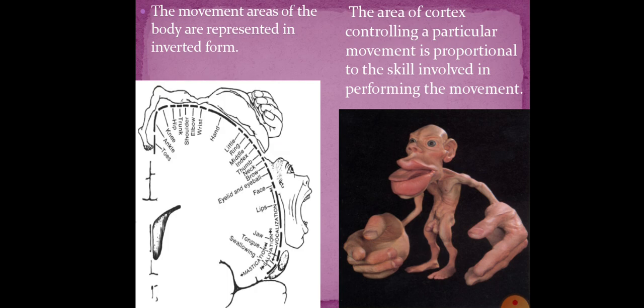As you see, the limb or the fingers represented with a large area, the leg represented in a small area, the tongue and the lip represented with large area, trunk represented in a small area.